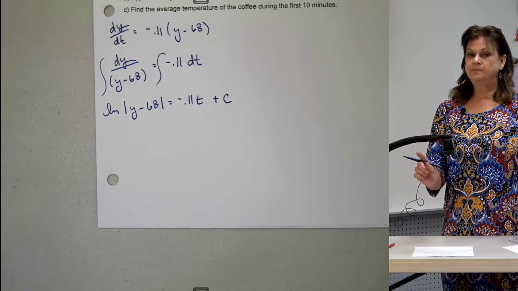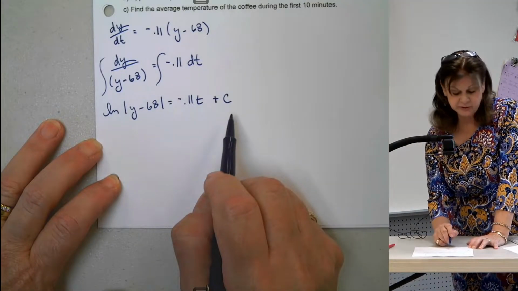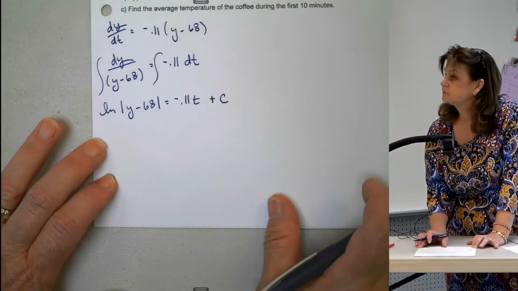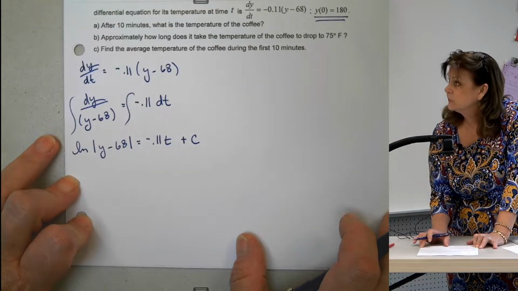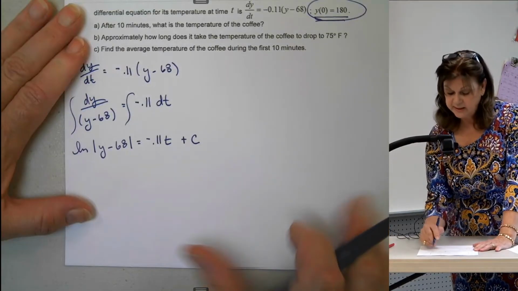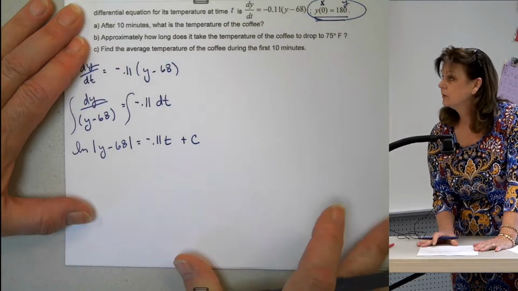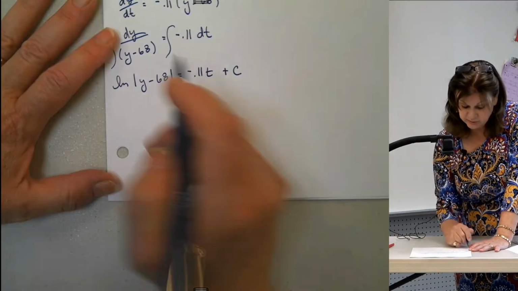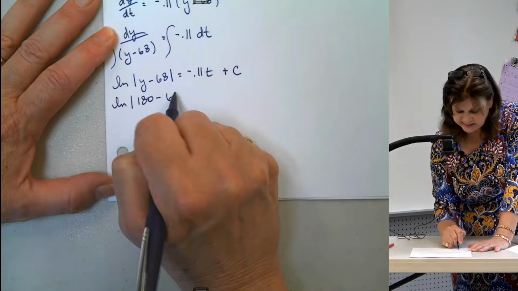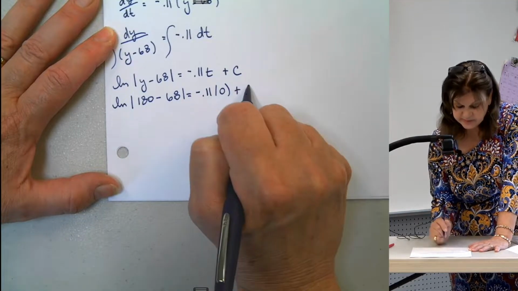We've separated. We've integrated, we've added our constant of integration, and now we're going to use our initial condition to find out what the variable c represents. They told us right here, at time 0, we're 180. So here's my t value, here's my y value. Let's plug that in. So we have ln of 180 minus 68 equals negative 0.11 times 0 plus c.